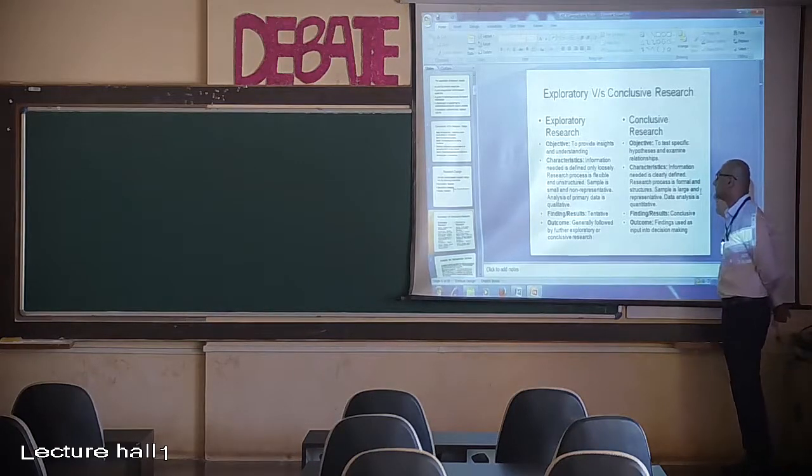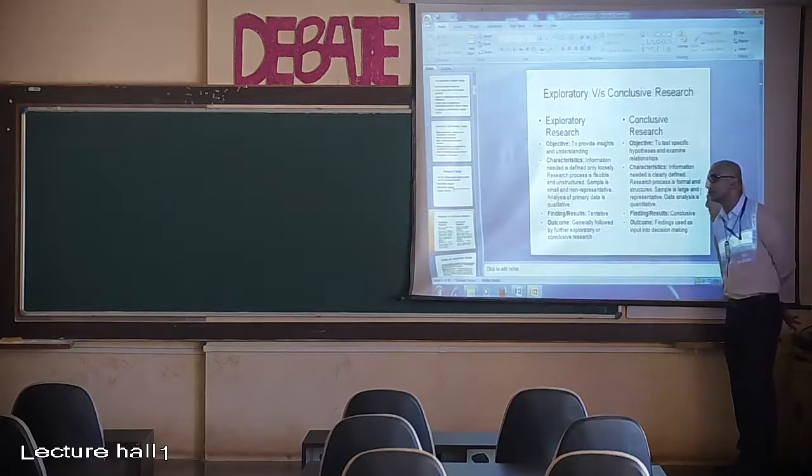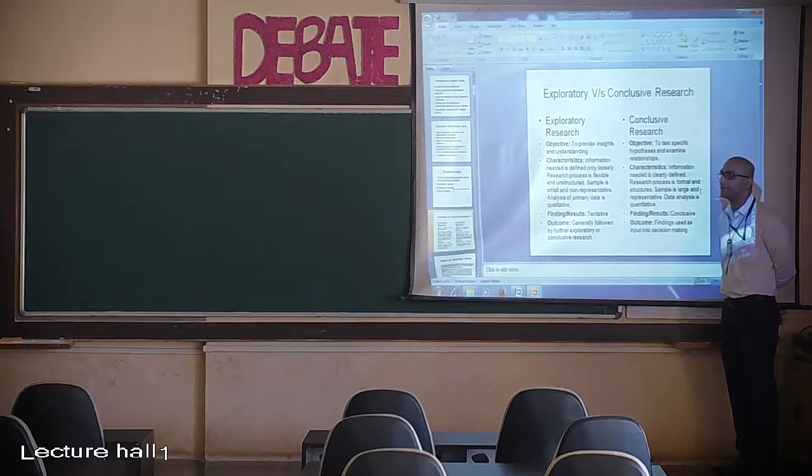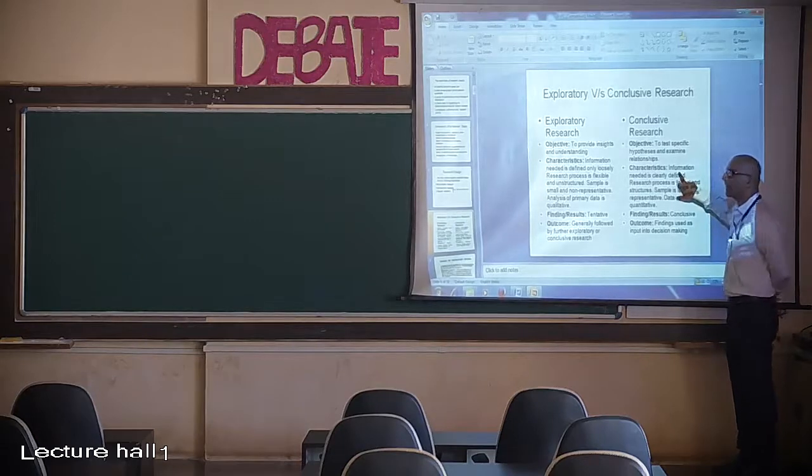Let's suppose I want to do a research on price and sales. In this case, I would collect all the information on changes and fluctuations in pricing. At the same time, all the information related to the sales, I would collect beforehand. So what I'm trying to do is define my information clarity.